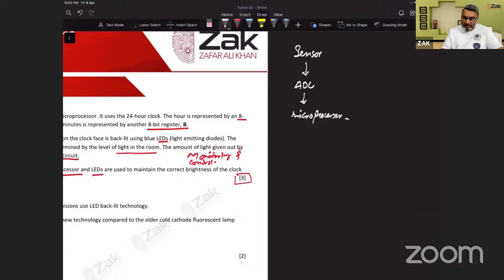The microprocessor checks it against the preset value to see if the data is within the limit or beyond the limit, and also stores it in storage. This is called logging. This thing goes on and on, and this is called monitoring.